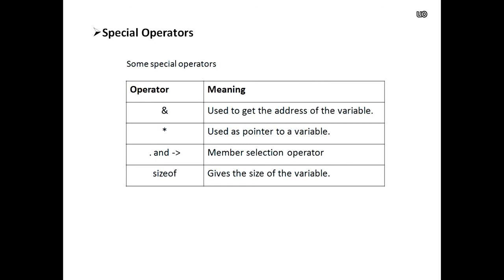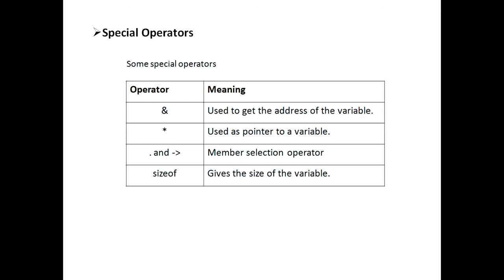And last but not least, we are using some special operators too, and these are a few major special operators. The first one is the address operator. It is used to get the address of a variable, and next comes the asterisk symbol. It is used as a pointer to a variable, so it is used to point to a particular memory location. So in order to indicate that a particular variable is a pointer, we need the help of this operator.